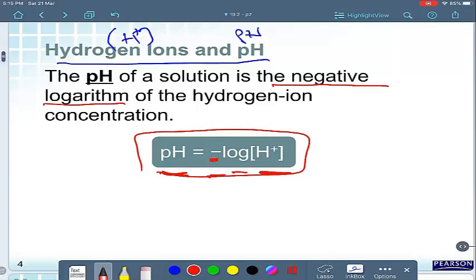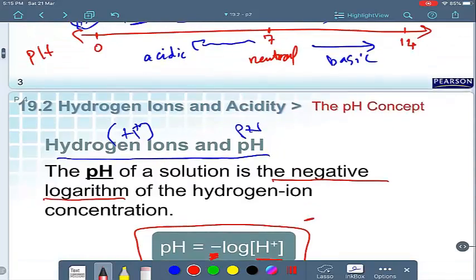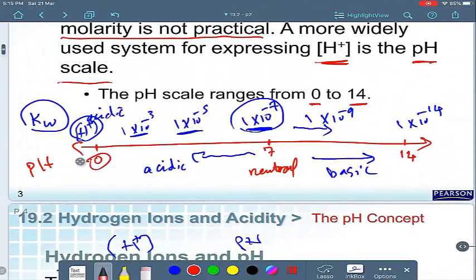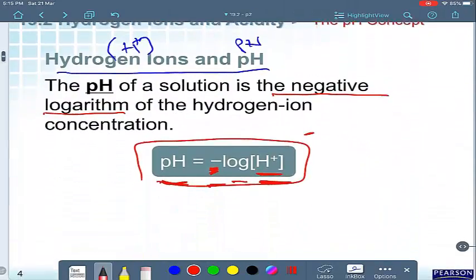You have to remember that it is a negative logarithm of hydrogen ion concentration. Why? Because the concentration will be a power of negative something. Negative with negative will be positive, because pH must be positive all the time. It ranges from 0 to 14, with no negative in the pH. Remember that.